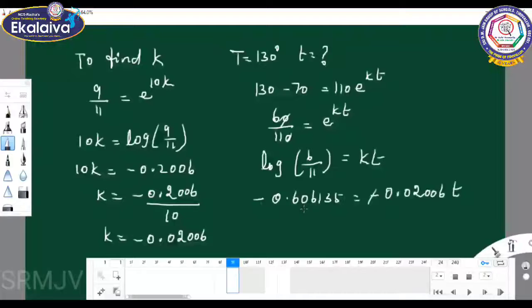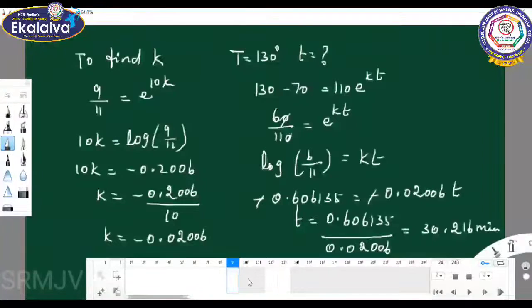Minus gets cancelled. Time t equal to 0.6135 by 0.02006. When we calculate, you get the value 30.216 minutes.